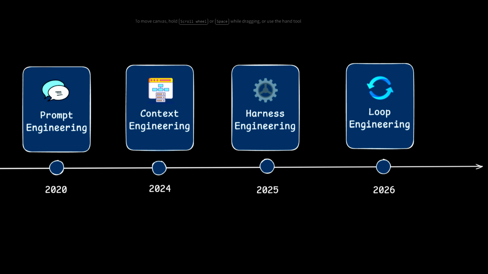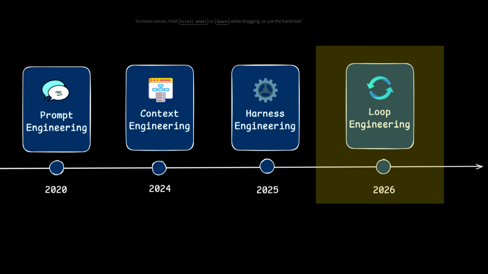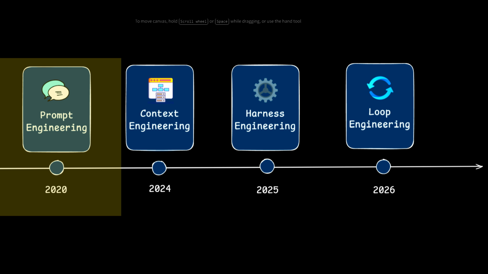If you've been spending the last 2 years perfecting the art of writing the perfect 500-word prompt to get an LLM to behave, I have some news for you. There is a brand new paradigm. The era of static prompting is giving way to something infinitely more powerful. Welcome to the age of loop engineering. We started with prompt engineering, just throwing inputs at a black box and hoping for the best.